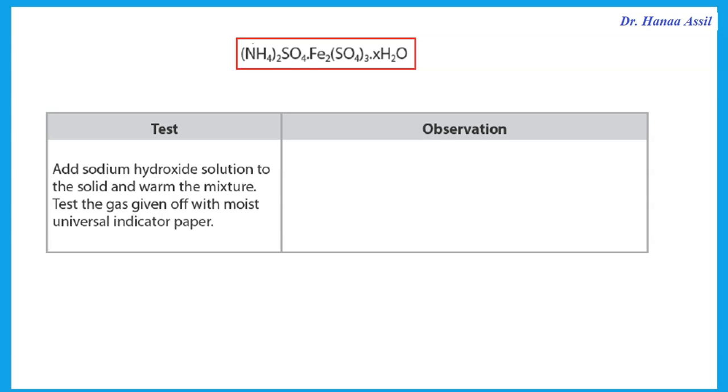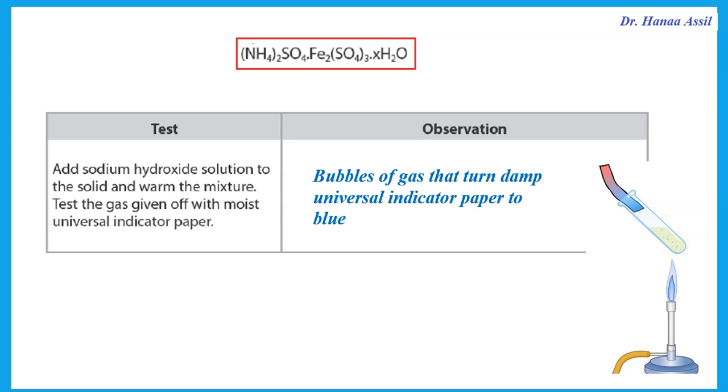Warm the mixture. Test the gas given off with moist universal indicator paper. This is a test for what? Add sodium hydroxide and warm gently. It gives off a gas. This is the test for ammonium, NH4.